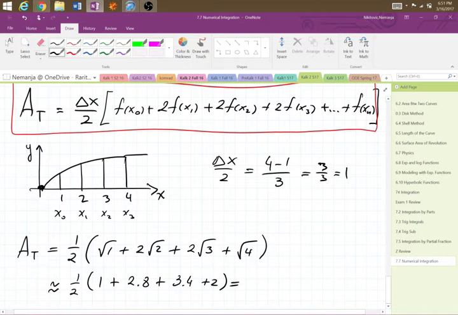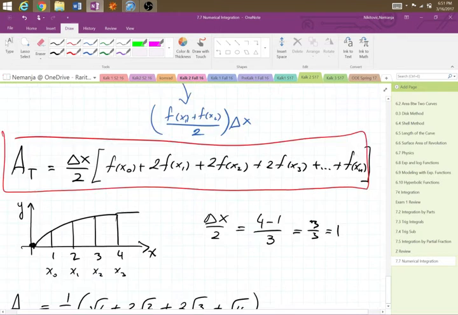All together is 9.2, divided by 2, which is 4.6 in my book. What was the exact answer? 4 and 666, which means 4 and 2 thirds. So again, pretty damn close, right?